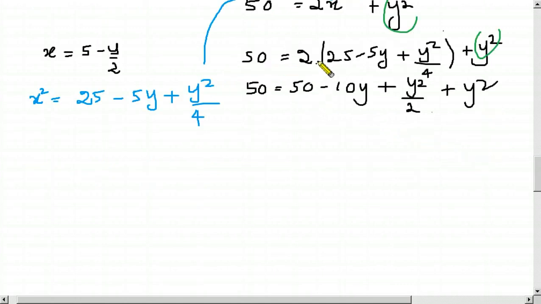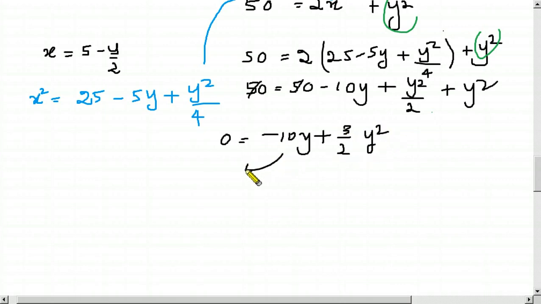Okay, 2 times 25, 10 minus plus y squared divided by 2. So these cancel. So 0 equals minus 10y plus half y squared plus 1 y squared, then 1 half y squared, that means 2 times 1 is 2 plus 1 is 3 divided by 2, 3 divided by 2 y squared.